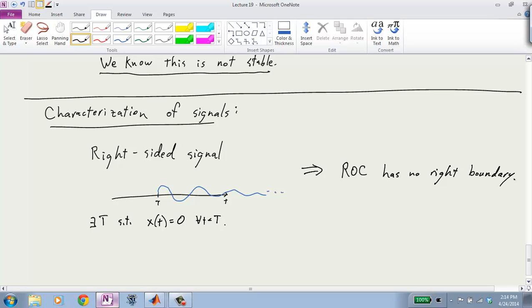Okay, so it could be nothing, or what we mean here is, if the real part of s equals sigma is in the ROC, then for any sigma prime greater than sigma, it's also in the ROC.